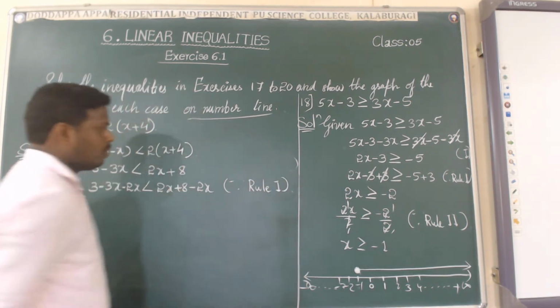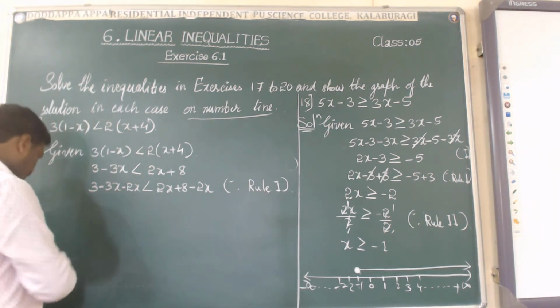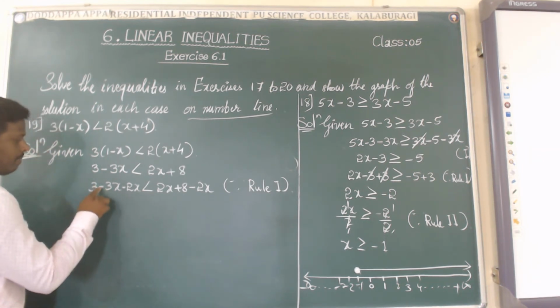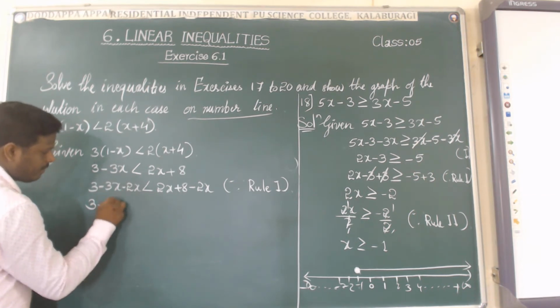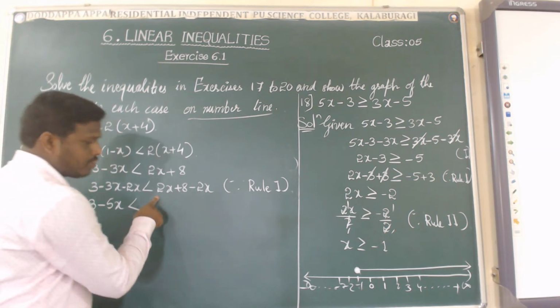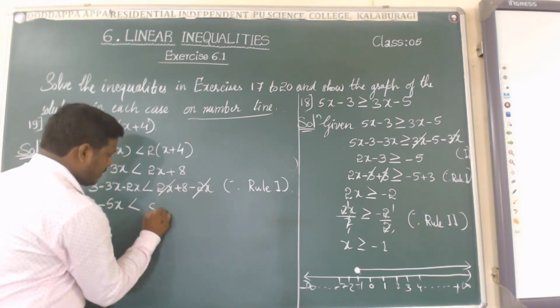Simplify the LHS. This is a single term, you write 3 as it is. Minus terms are both there, so add and keep the same sign. It becomes minus 5x. Less than, simply write as it is. This is plus 2x and it is minus 2x. It has become 0. And here plus 8 is left.